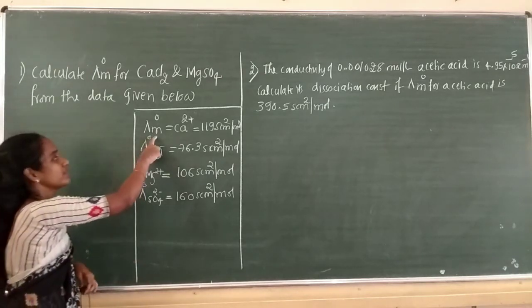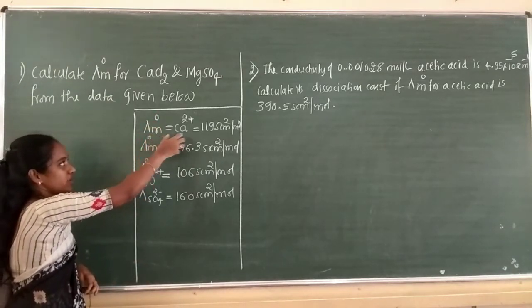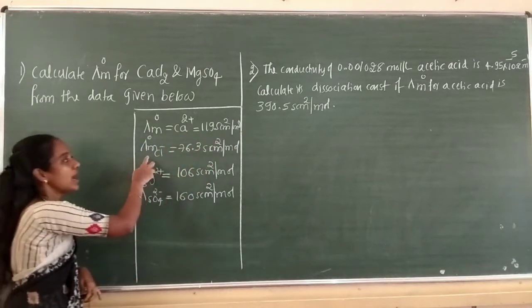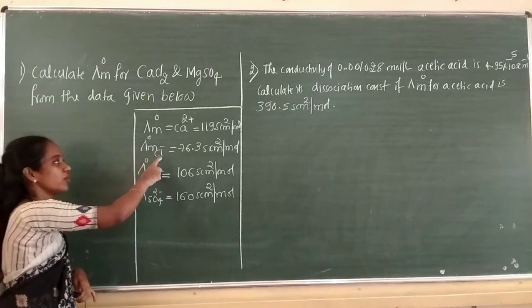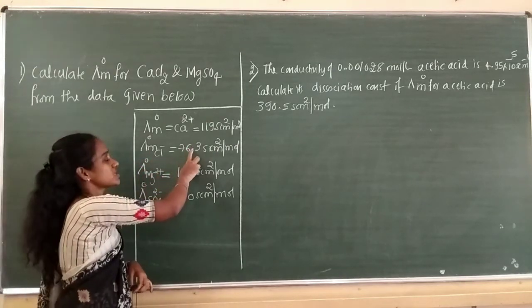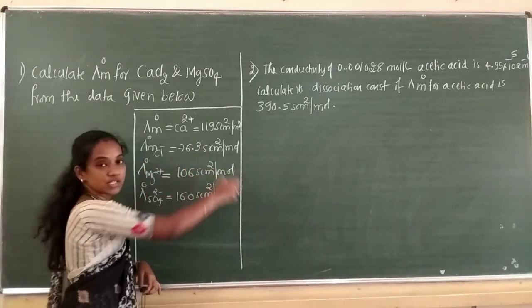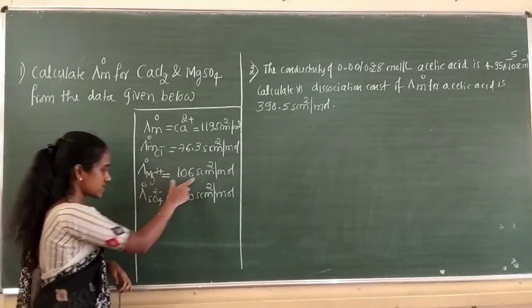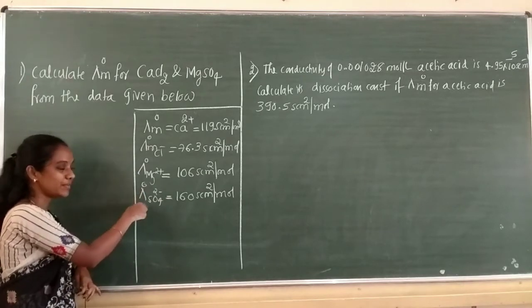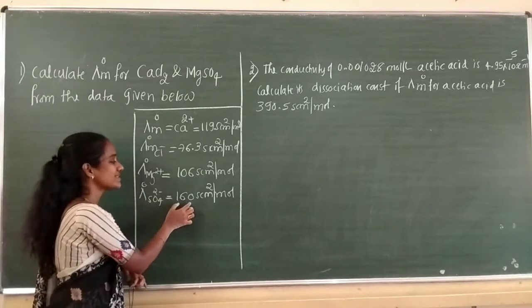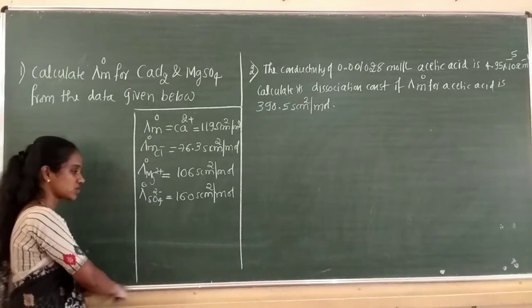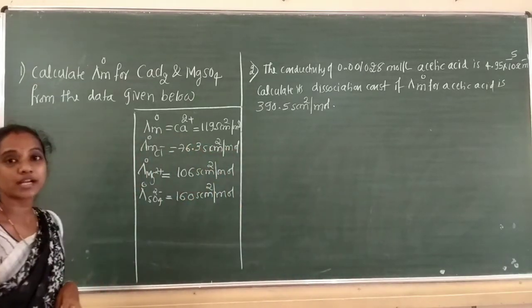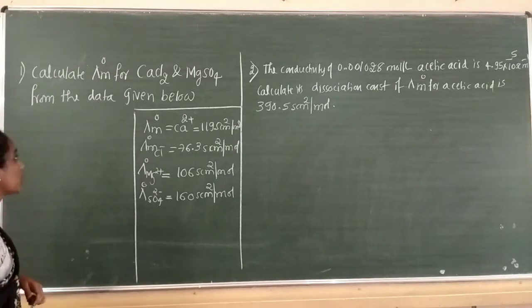Here they have given the limiting molar conductivity of calcium ion is 119 Siemens centimeter square per mole, and of chloride ion is 76.3 Siemens centimeter square per mole, and for magnesium the value is 106, and for sulfate ion the limiting molar conductivity is 160 Siemens centimeter square per mole.